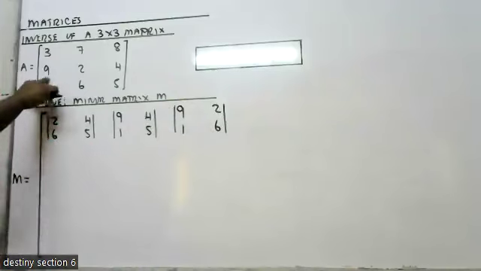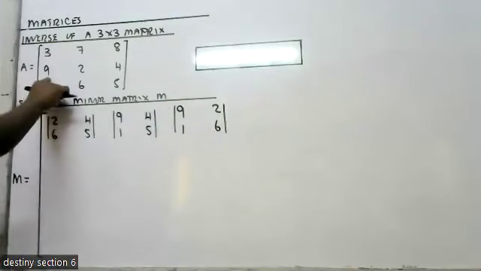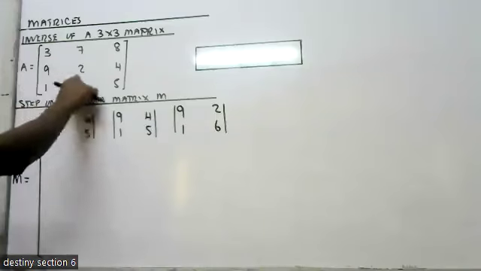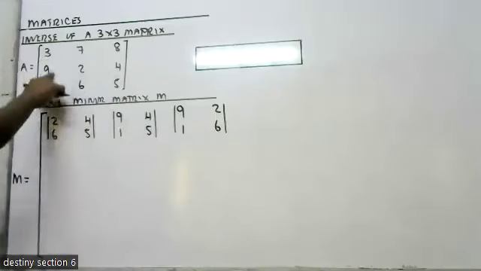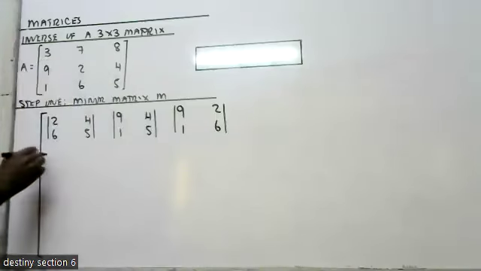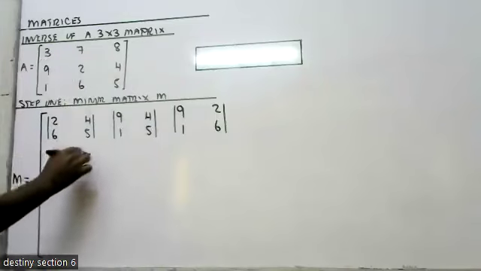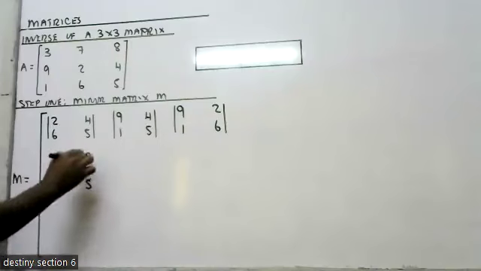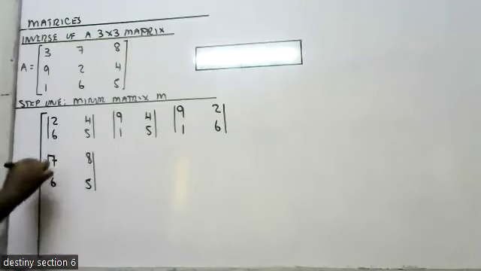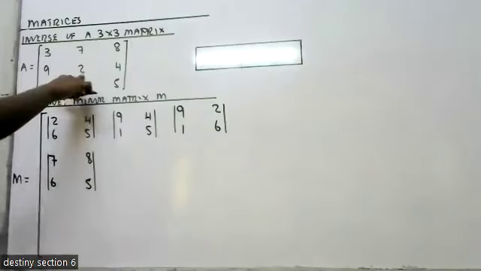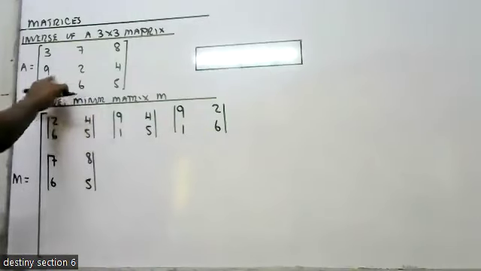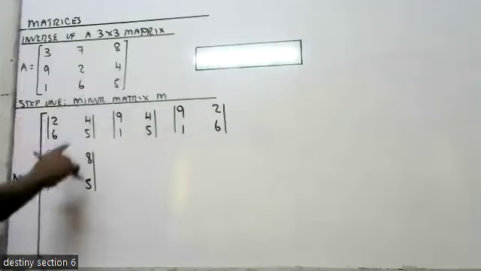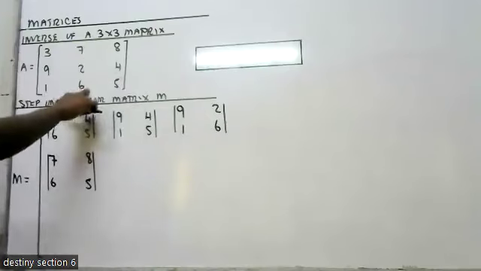Then you come here where we have 9, broke everything where there is that 9, this row and this column. You are left with 7, 8, and 6, 5. You come here where we have these 2, broke this row and broke this column.